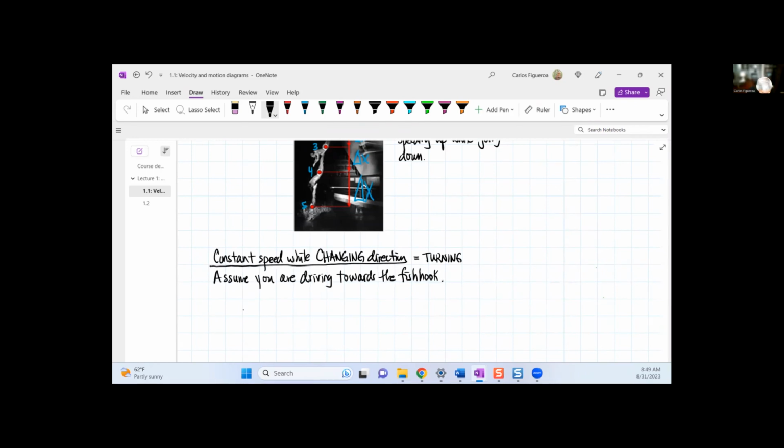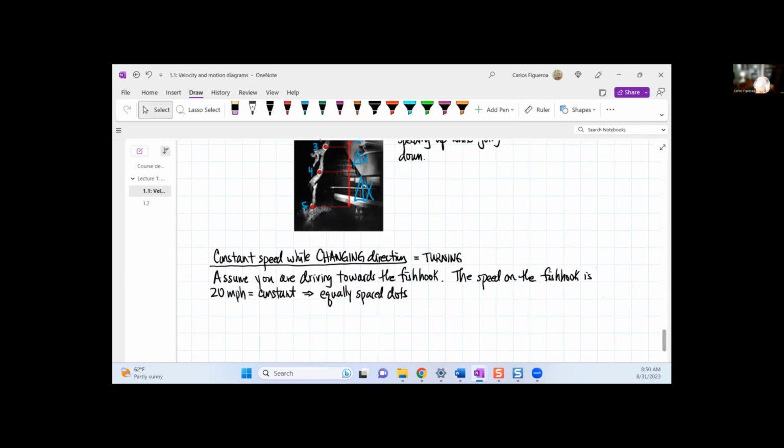If you're careful and you look at what the speed limit says here, the speed limit on the fishhook is 20 miles an hour. So that's the maximum speed. Let's assume that you decide to drive the maximum speed, which is 20 miles an hour.